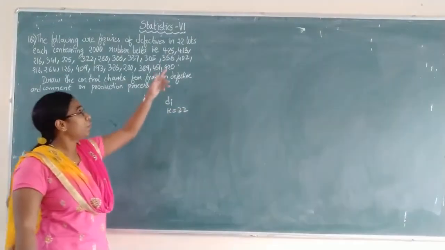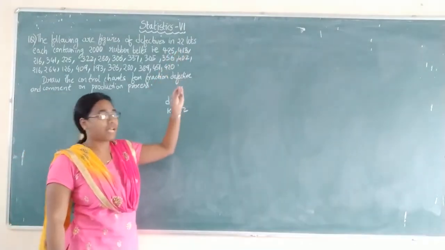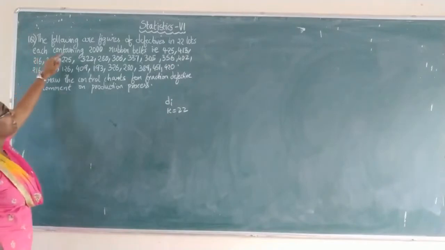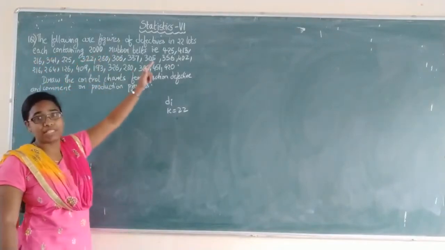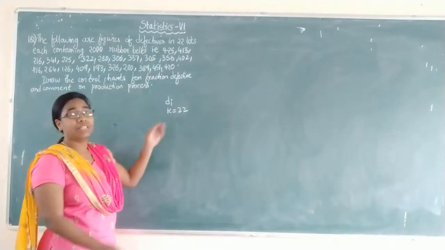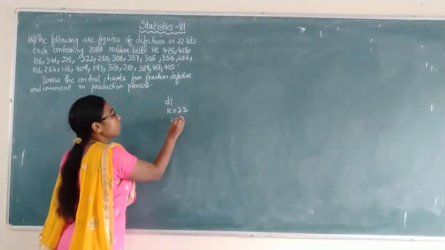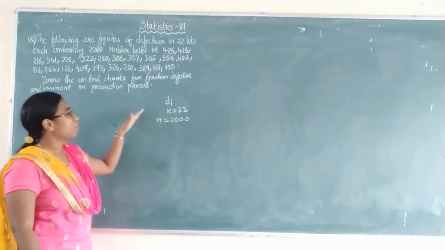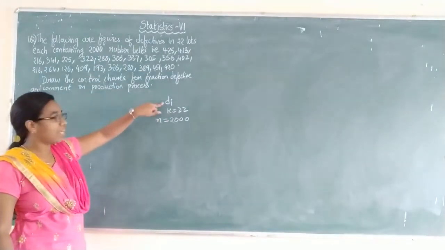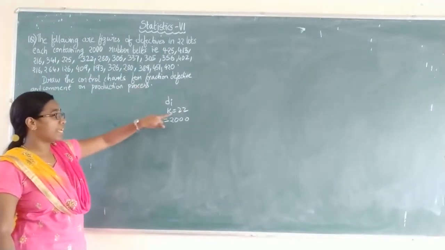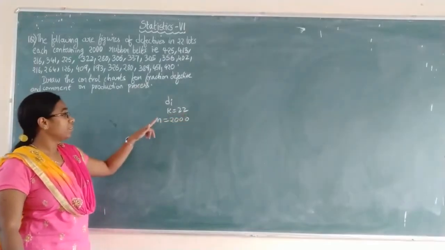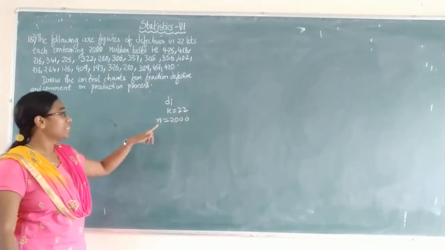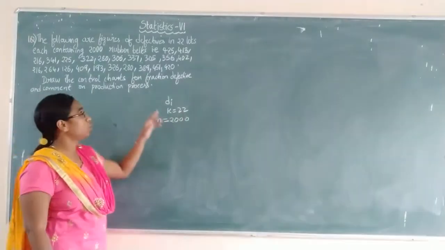So there are a total of 22 lots, that means 22 samples, that is K equals 22, and each containing 2000 rubber bells. In each sample there are 2000 rubber bells, that is N equals 2000. So from the question we have the DI values, that is the number of samples K equals 22 and the sample size N equals 2000.